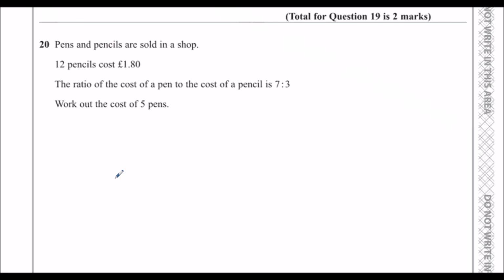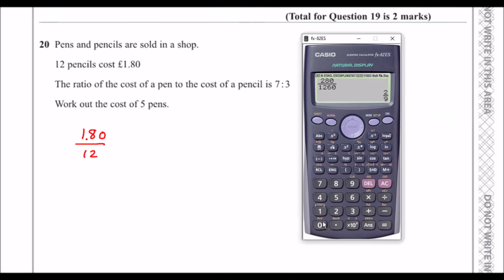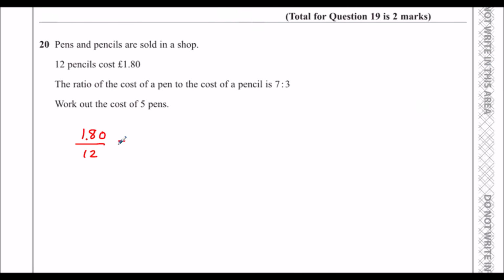So let's work out what a pencil costs. £1.80 divided by 12 is 15p. So 15p per pencil.